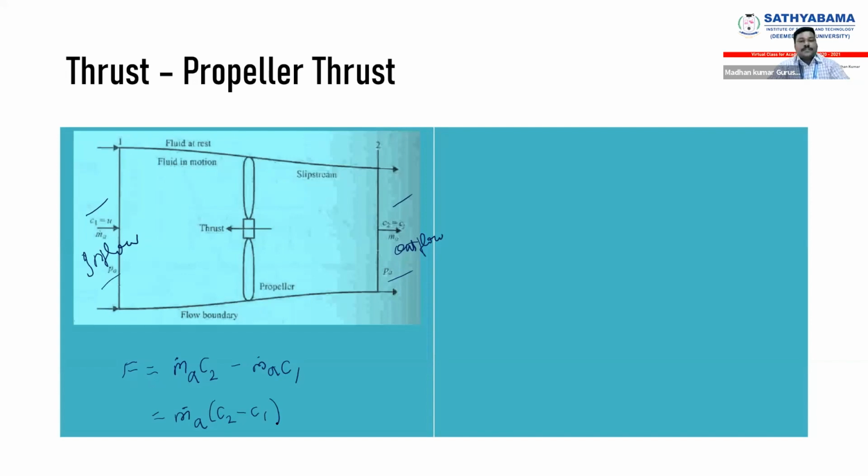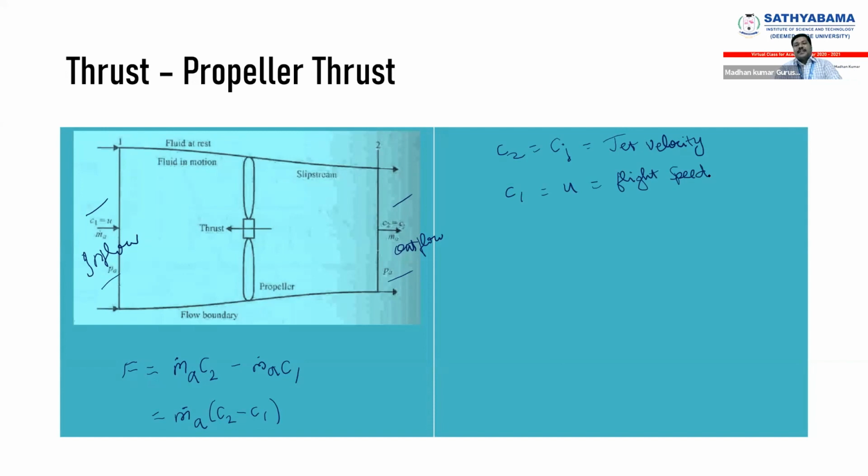So what is C2 now? C2 is nothing but Cj, that is jet velocity. And then what is C1? C1 is nothing but U, the flight speed or flight velocity.